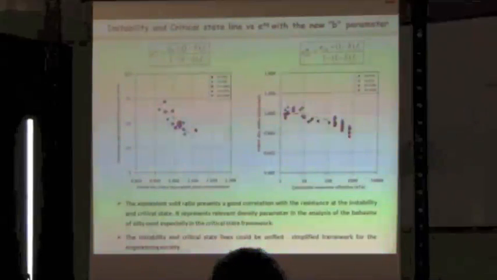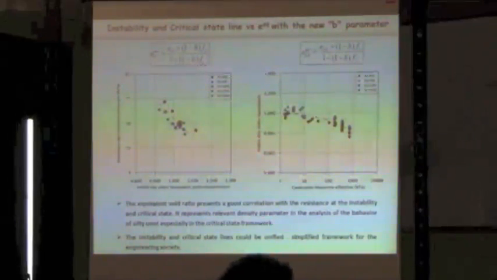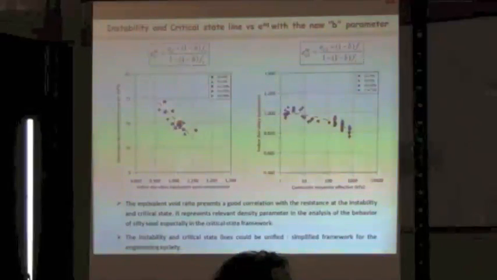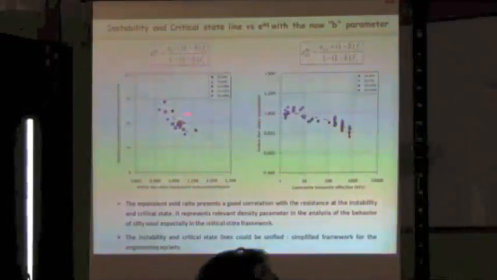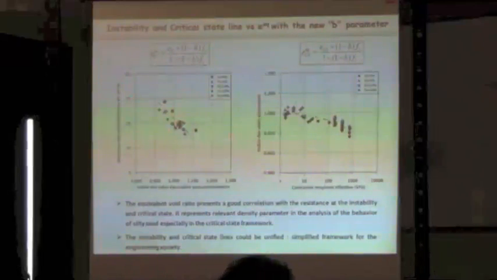So we use then this B to recalculate our void ratio at critical state and at the initiation of the instability. You see in the plot representing the deviatoric stress at the peak versus the equivalent void ratio that all our points at the instability merge to the same curve.